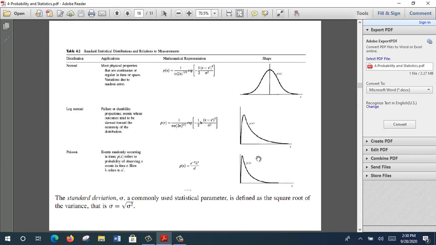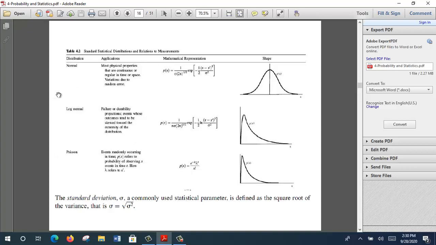Okay, from table 4.2 you can see a variety of the distributions with respect to different applications and also the mathematical representation itself. Here we have our normal, log normal and Poisson graphs, which represent different applications and mathematical representations.